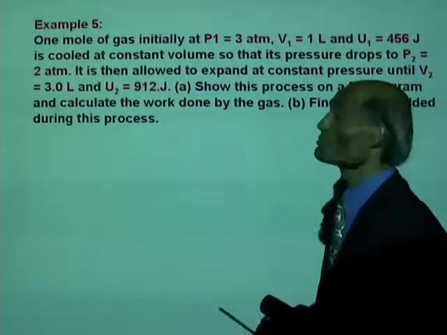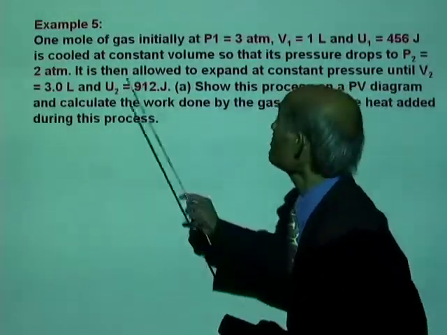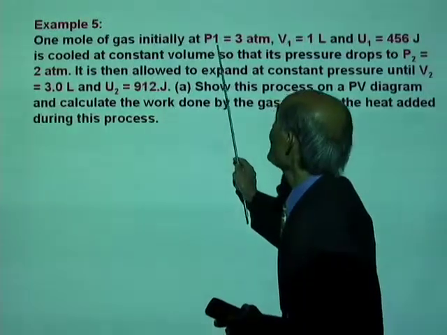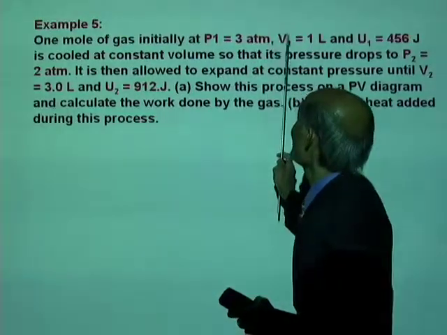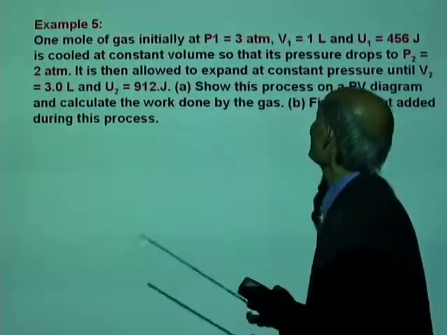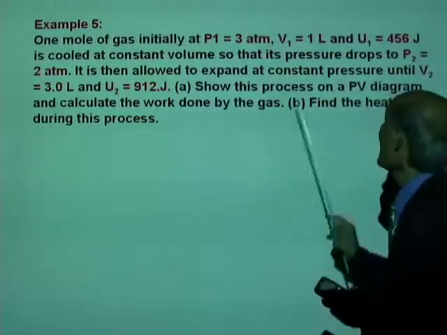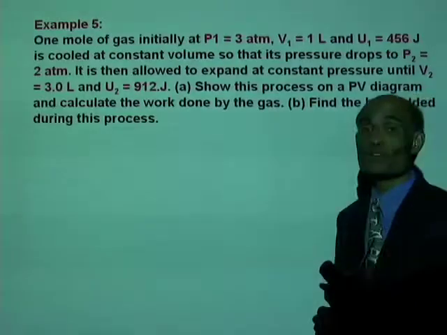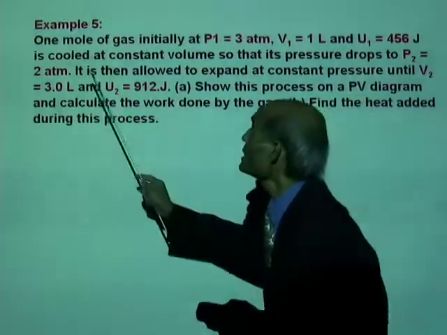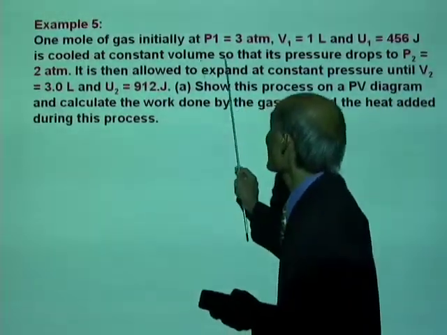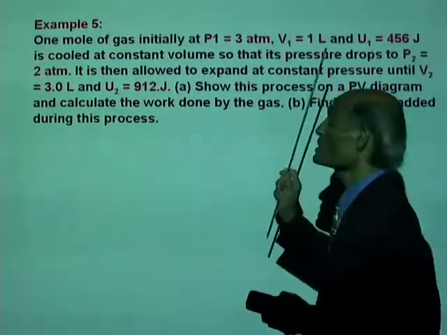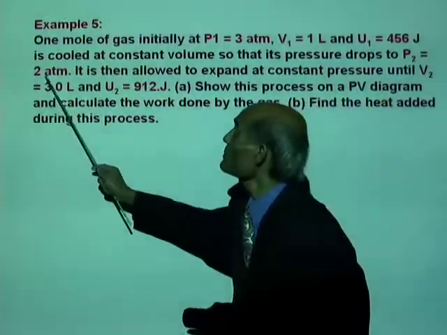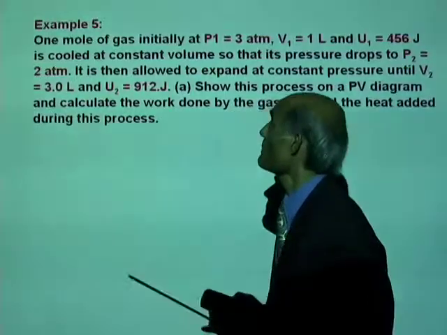Okay, let's do a small problem. 1 mole of gas initially at P1 equal to 3 atmosphere, V1 equal to 1 liter, and internal energy U1 equal to 456 joules is cooled at constant volume so that its pressure drops to P2 equal to 2 atmosphere.